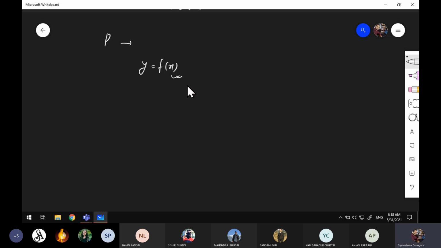Root of any function means the point x where the functional value becomes 0. That means if I plot this function in a graph, this is the function.